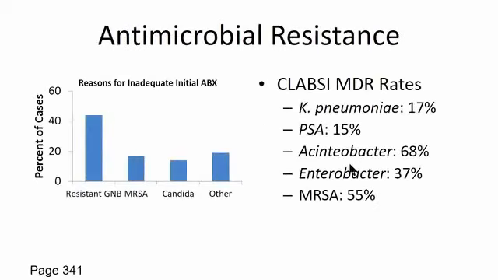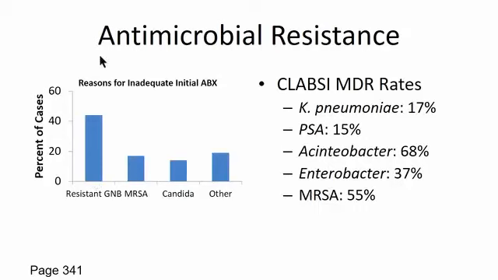So CTX-M is only one type of resistance mechanism, and clearly resistance is a huge issue. Back to Dr. Bauer's lecture, he stated the importance of giving early antimicrobial therapy within 1 hour from the onset of sepsis or septic shock. So what are some of the reasons that we don't give initial adequate antimicrobial therapy? Many times it's because we have resistance.